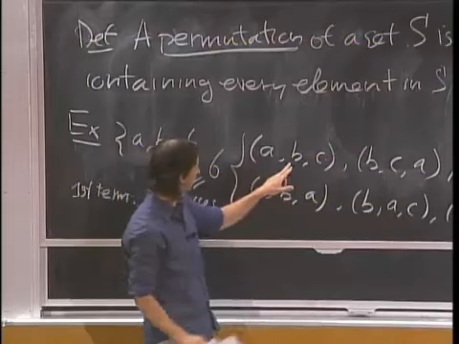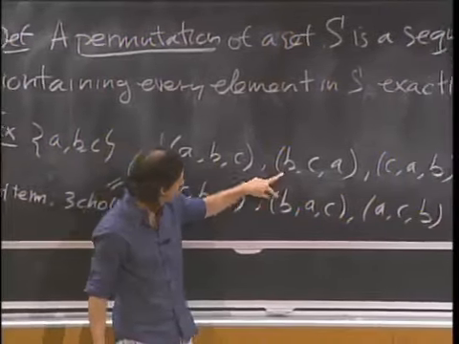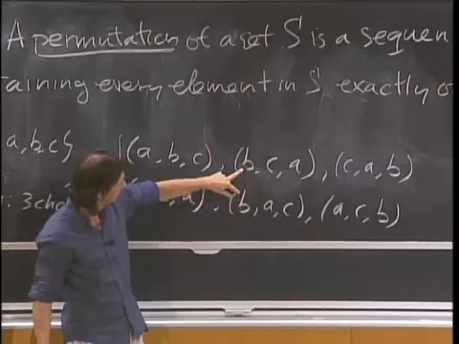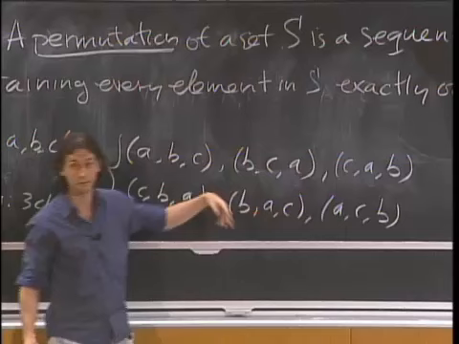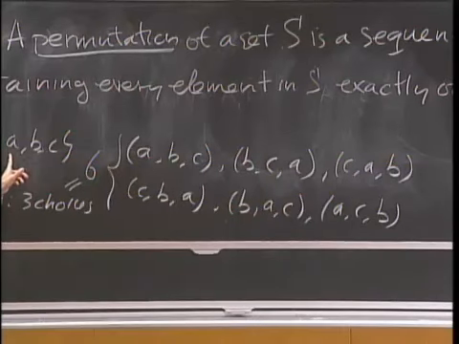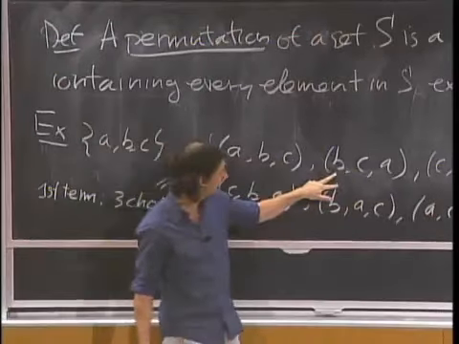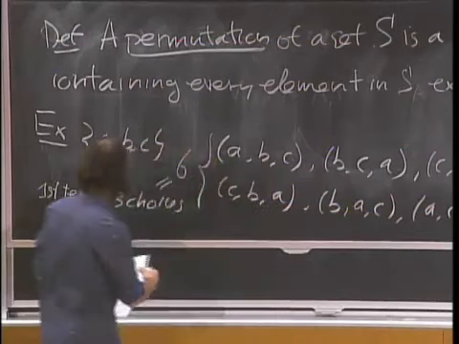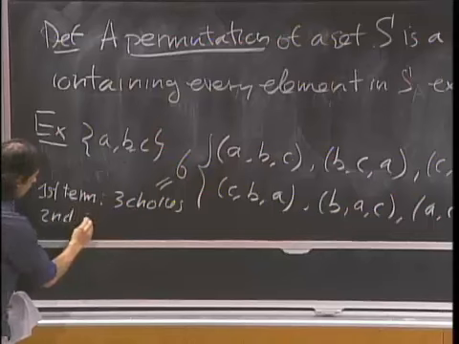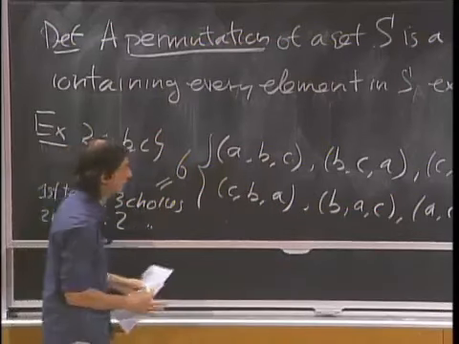For the second term, suppose my first term was B, then the second term must be an element that is different from B, yet part of S. So I have only 2 choices for the second term, either C or A. So the second term has 2 choices.